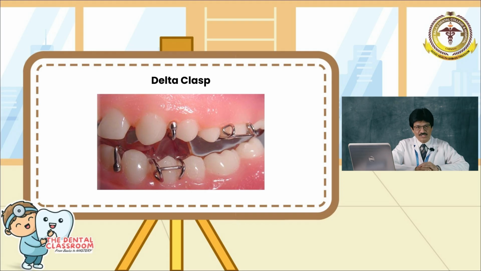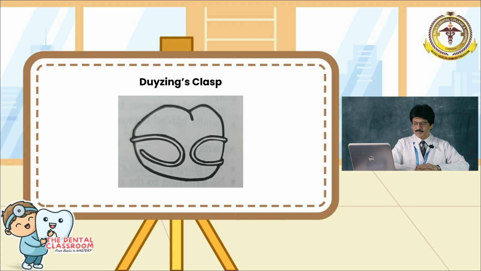twin block functional appliances. So the Duyzings clasp is another clasp which is fabricated in the following manner, where the wire from the distal surface of the tooth curves above the greatest circumference of the buccal surface of the molar, recurves upon itself, and then ends at the distal undercut.